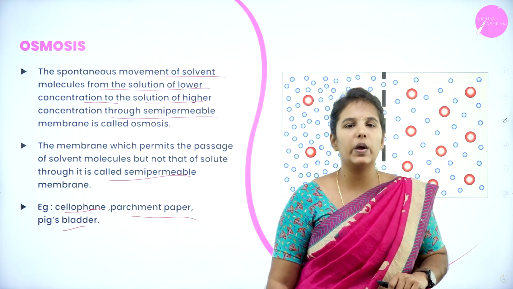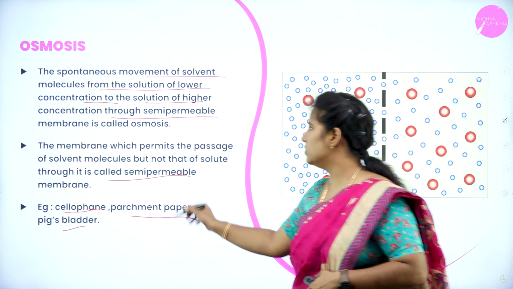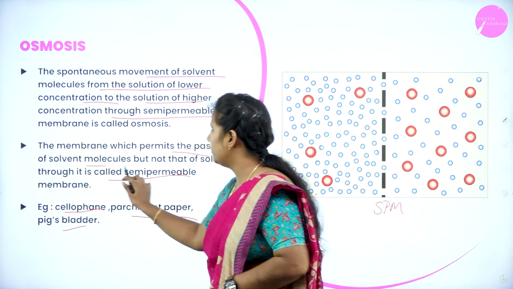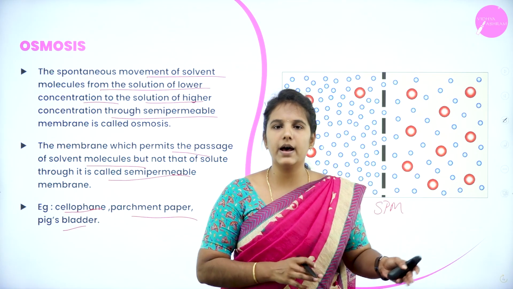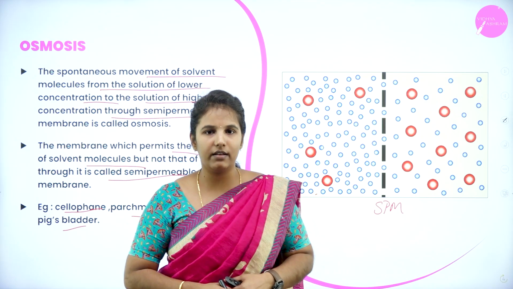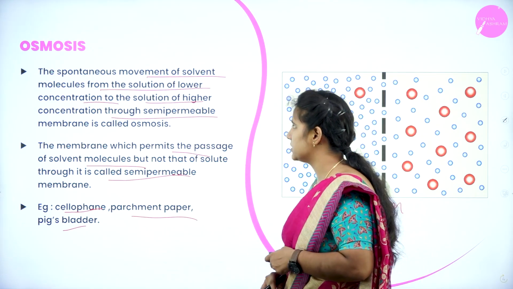These are a few examples of semi-permeable membranes, which allow the passage of solvent molecules but not the solute molecules from the lower concentration region to the higher concentration region. Hope you all understood the definition of osmosis.